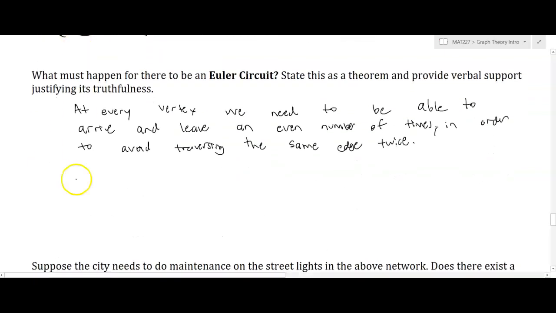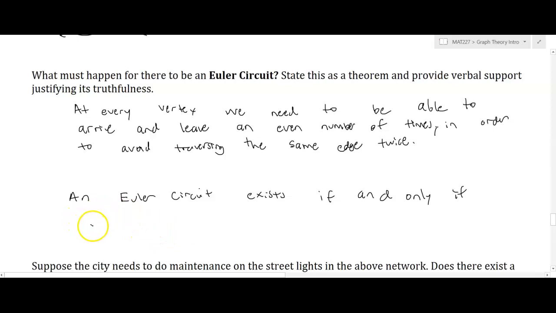We can say that an Euler circuit exists if and only if. So this goes both ways. Whether your Euler circuit is the condition and your conclusion is that all vertices have an even degree, or if you know that your graph has all vertices with an even degree, then you know an Euler circuit exists.